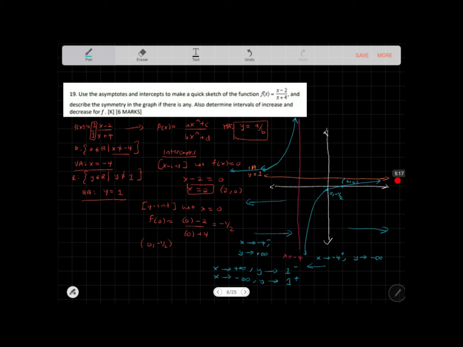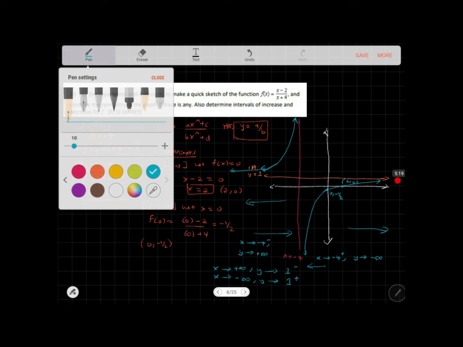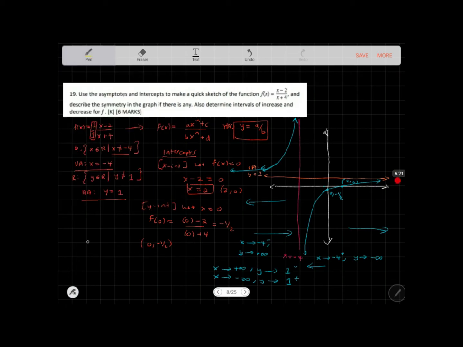And we also want to determine intervals of increase and decrease. So I'm just going to do that here. For an interval of increase, you'll see a positive secant, or positive tangent if you keep drawing it to each point. You can see that there's an interval of increase from negative infinity to negative 4. This would not be inclusive, so x belongs to negative infinity to negative 4.